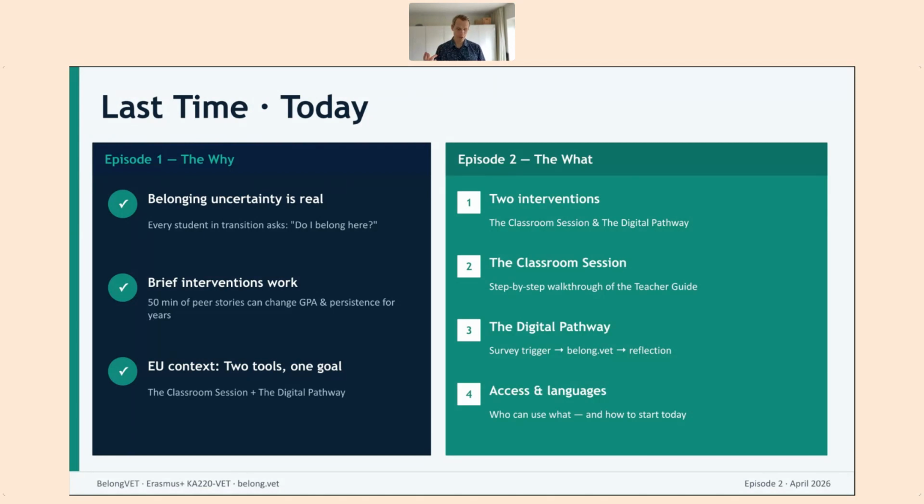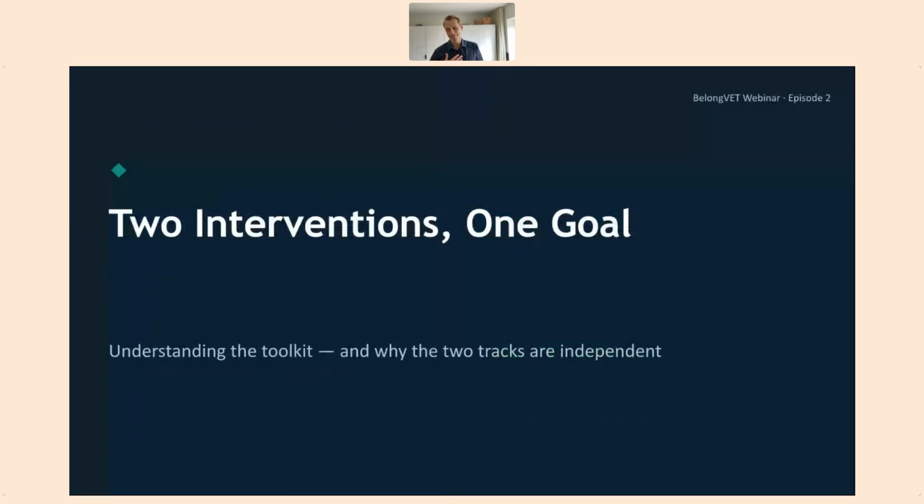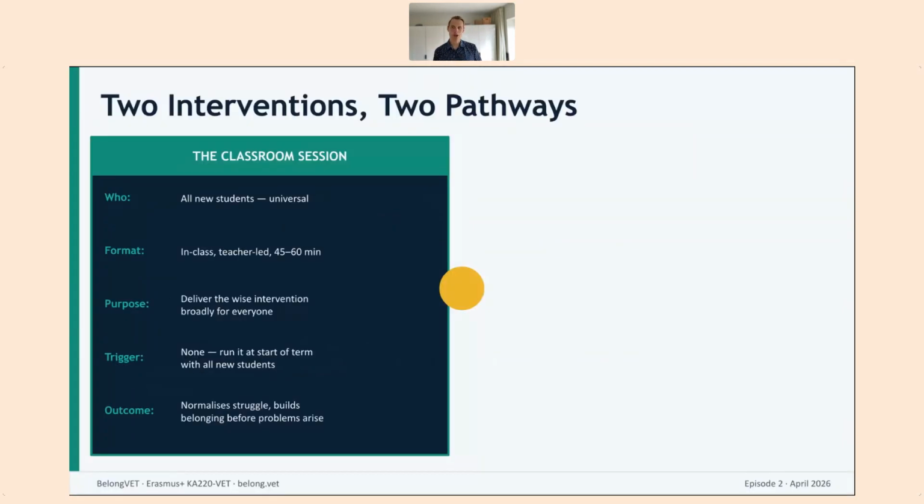Great. So let's get started. The two different interventions we will be talking about are very different. The first one is the classroom session. The classroom session of the intervention is intended for all new students, so it's universal, but it has to be students starting in a new educational setting.